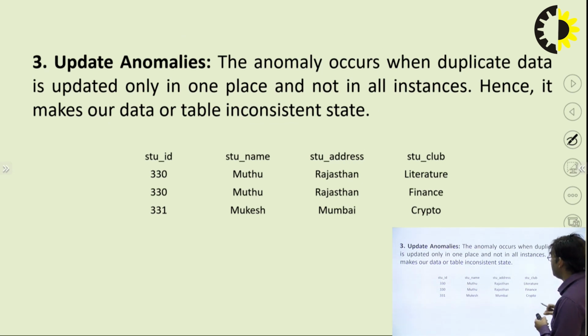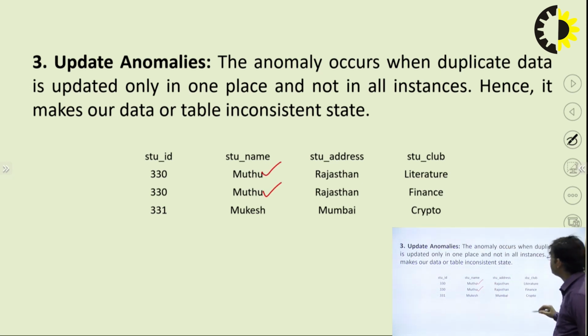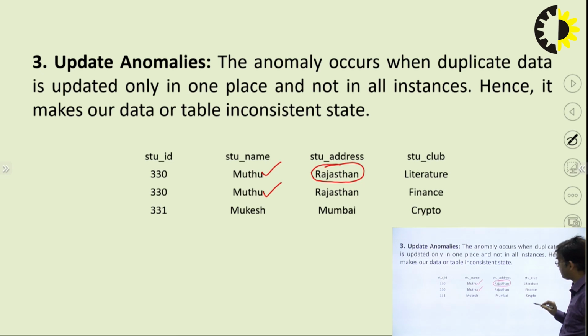What will happen in update anomalies? Let's suppose again I am taking one student table, and we have a name Muthu, and the second name is also Muthu. Suppose a database administrator updated the address of one of them.